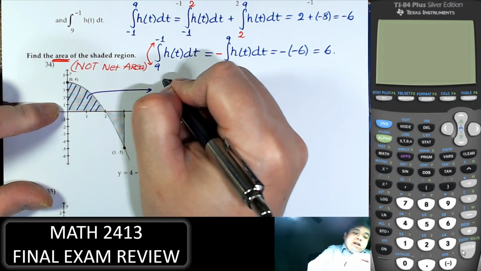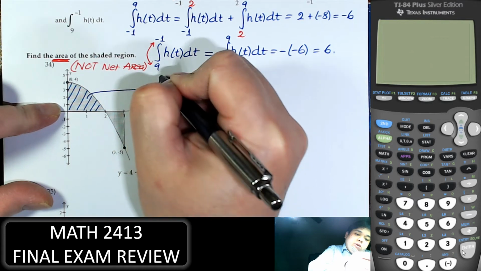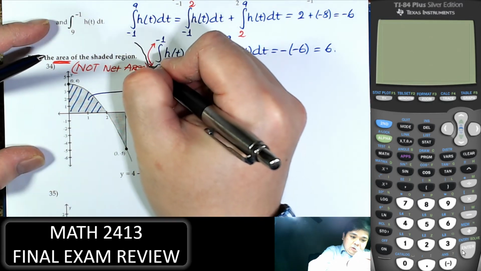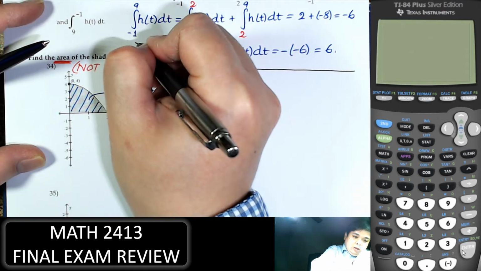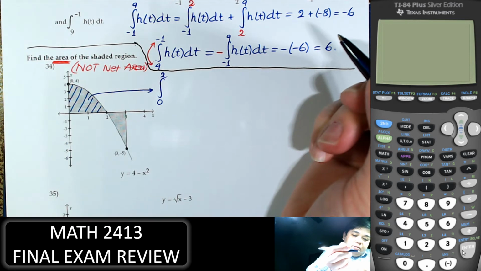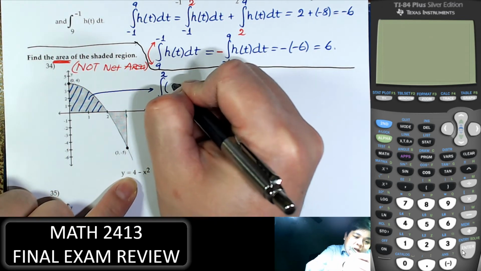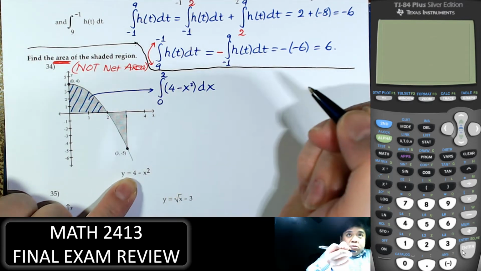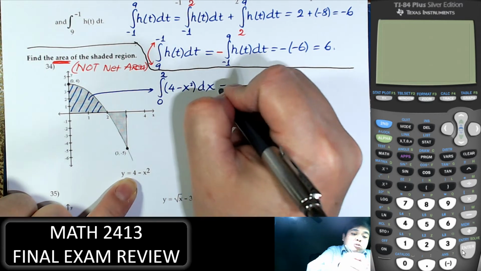And this is above the x-axis, so we just say from 0 to 2. The function is 4 minus x squared. Right, it is above the x-axis, so when we do this, it's guaranteed to be positive.